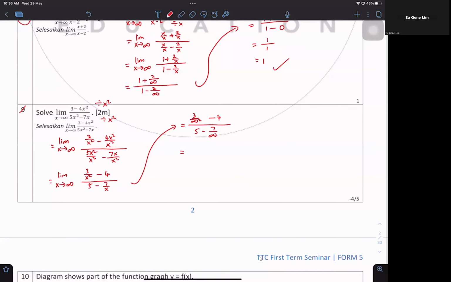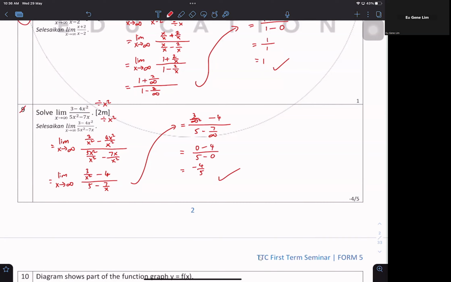Now you know, over infinity means 0, right? So 0 minus 4, over 5 minus 0. So negative 4 over 5, done. Whatever number over infinity is 0. Okay, good. So that's how you do limit infinity.